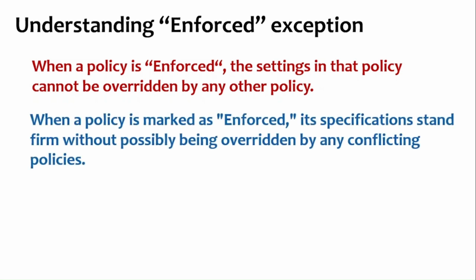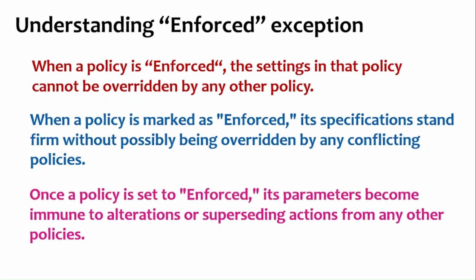When a policy is marked as enforced, its specification stays firm without possibly being overridden by any conflicting policies. Once a policy is set to enforced, its parameters become immune to alterations or superseding actions from any other policy. So in a nutshell, if a policy is enforced, the settings in that policy cannot be overridden by any other policy in a situation of conflict.